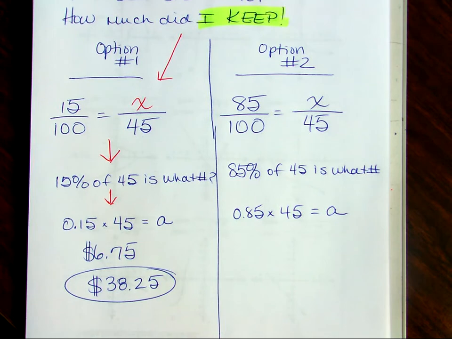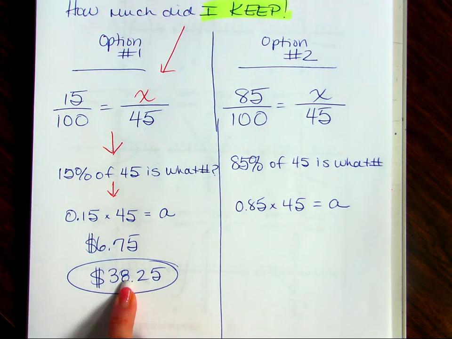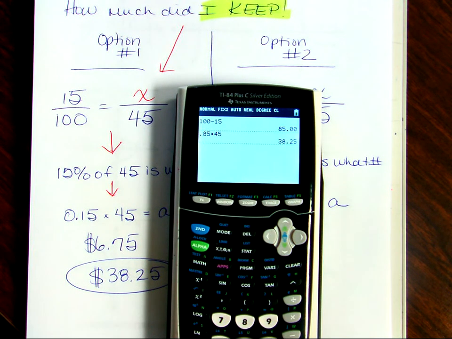And I shouldn't really even need to do this, because what should I expect to get? My cut of it. So 85% of 45 is 38.25. Got it? So let me just show you something.